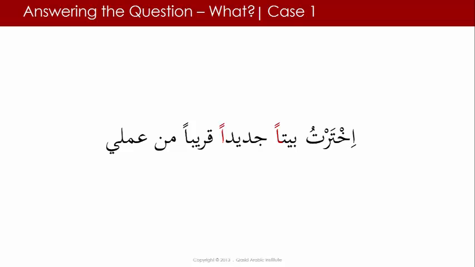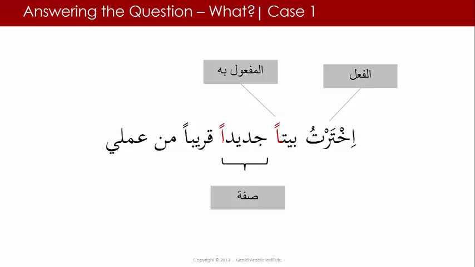Again, بيتا is the object of the verb اخترت, and so that's why it's in the mansub case. We have our verb الفعل, and we have the مفعول به, the object of the verb, which is mansub. Now, جديدا is also mansub, but only because it's following as an adjective following بيتا, and it's called a صفة, or adjective.